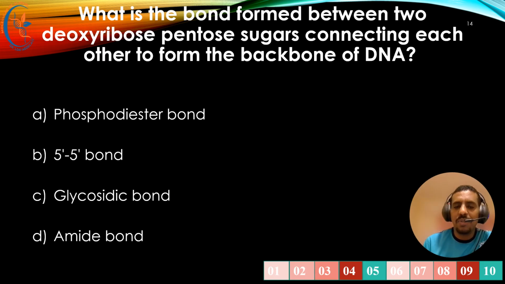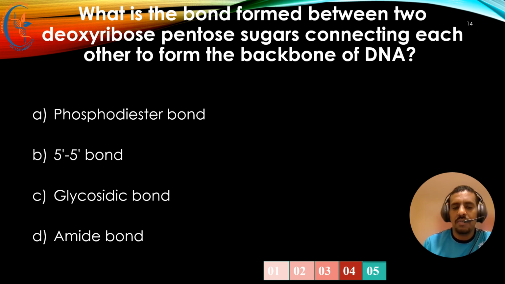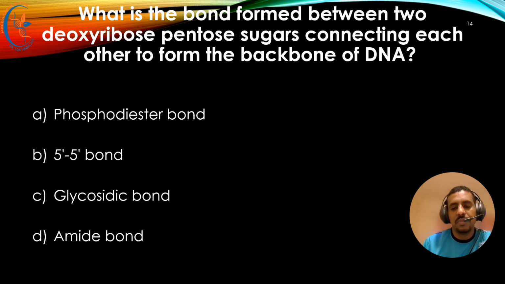What is the bond formed between the two deoxyribose pentose sugars connecting each other to form the backbone of DNA? Let's move to the result.